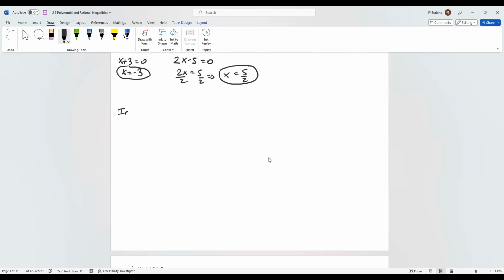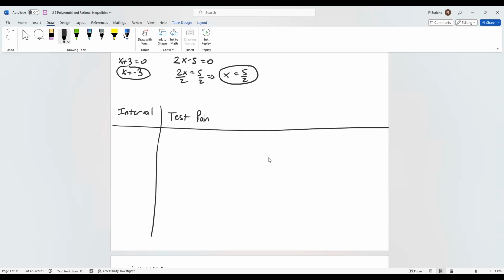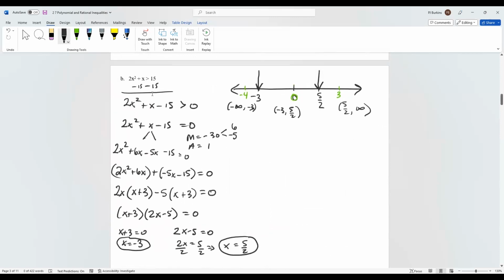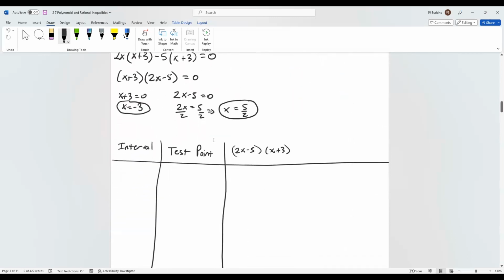We have our interval. We have our test point. We have the actual function. So the function in factored form was 2x minus 5 times x plus 3, and that was greater than 0.